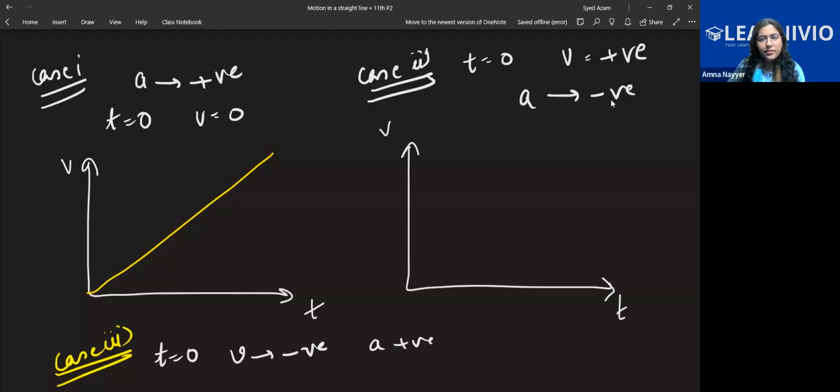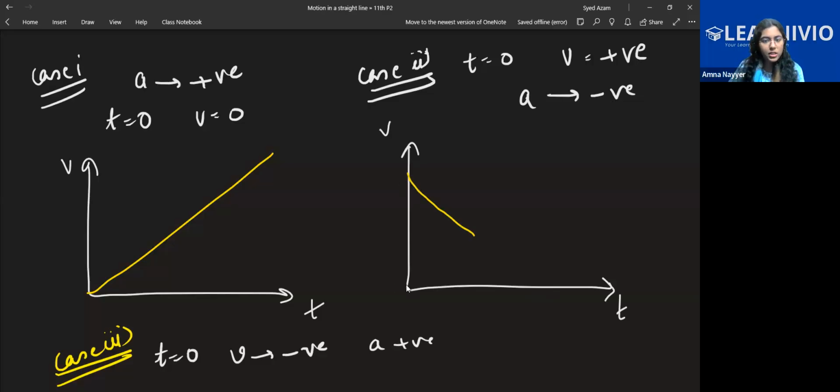Acceleration negative, velocity positive, time is 0. So I cannot plot it somewhere here, because time is 0, so this part will not be used. Velocity is positive, acceleration is negative. The graph starts from the value of some positive v.